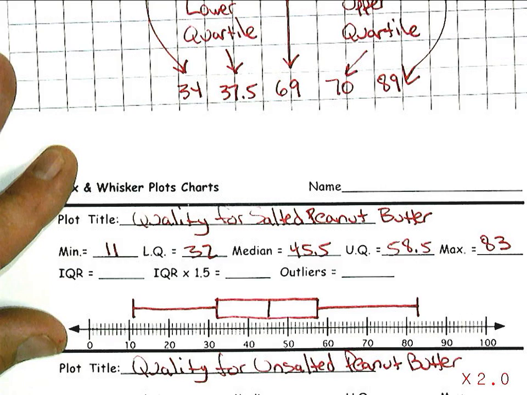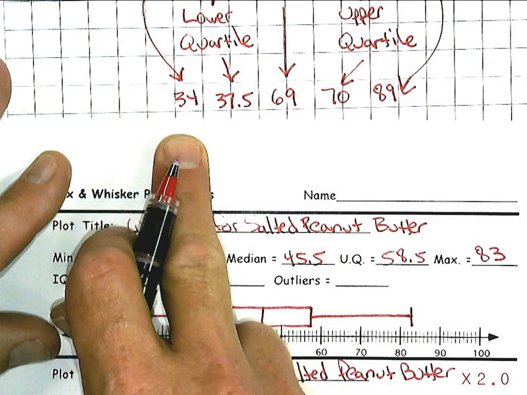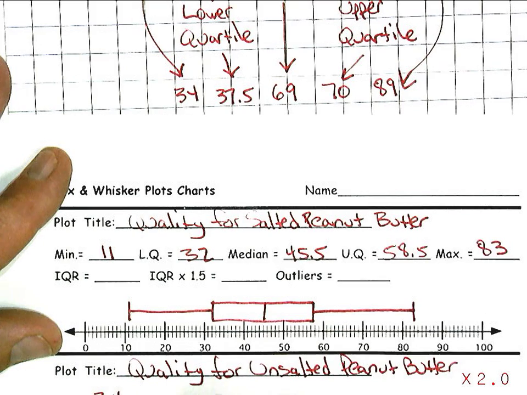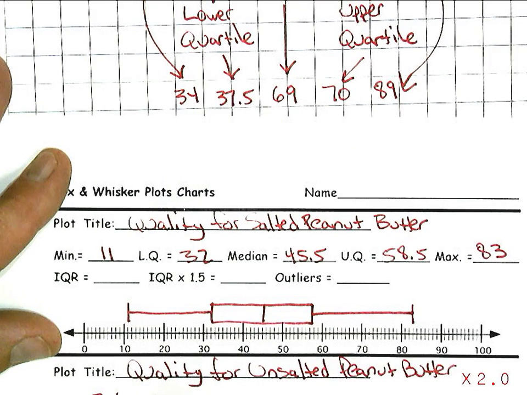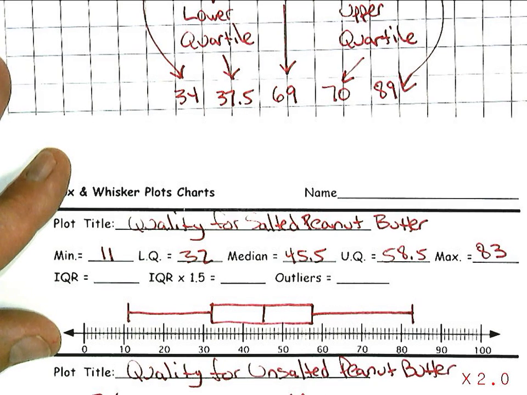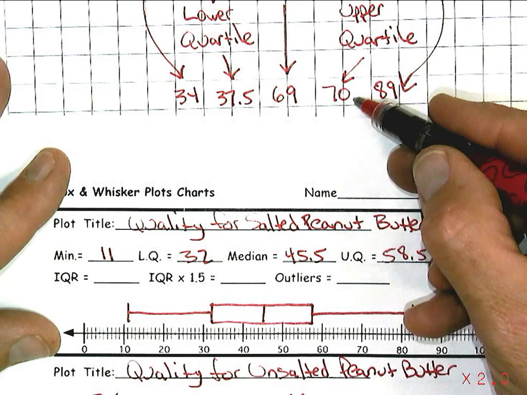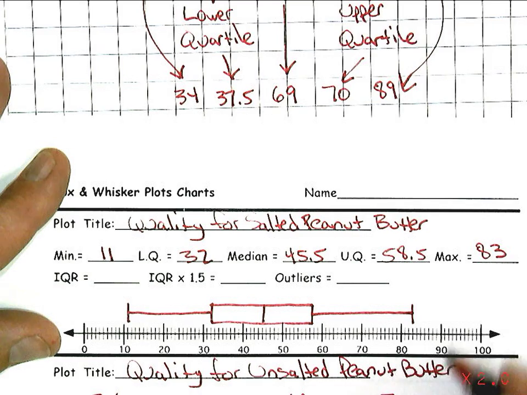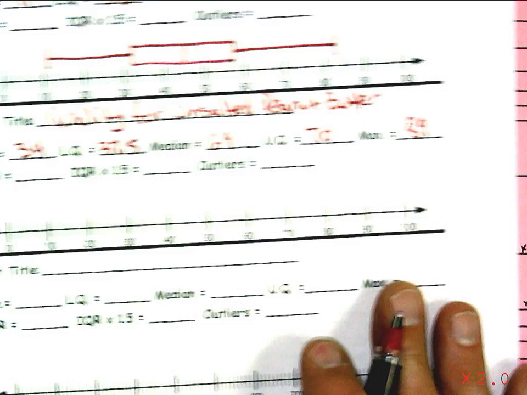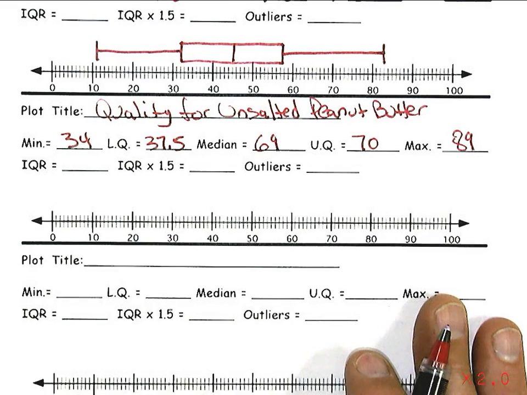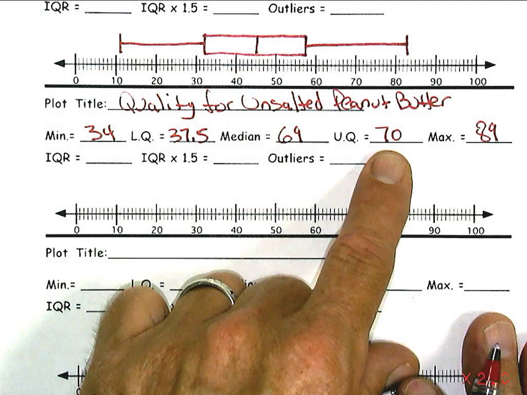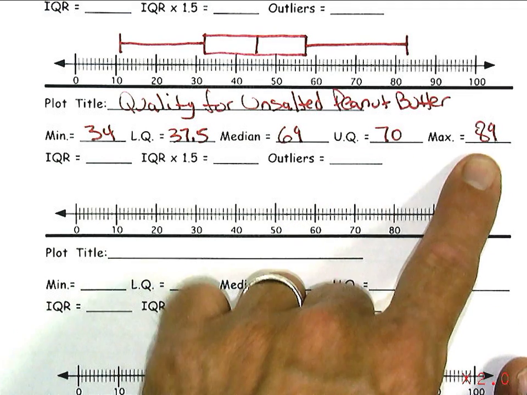And so those 5 numbers: 34 is my minimum, 37.5 lower quartile, 69 is the median, 70 is the upper quartile, and 89 is the maximum. So I just transferred those numbers onto my chart.